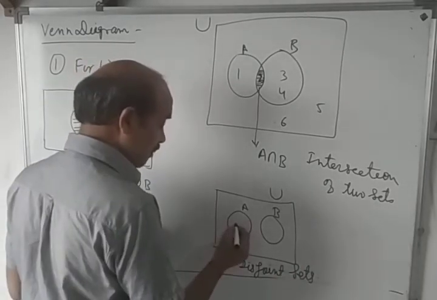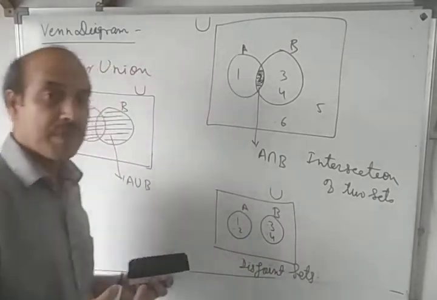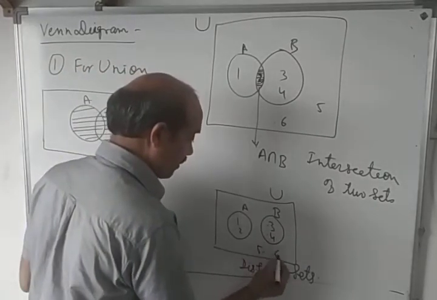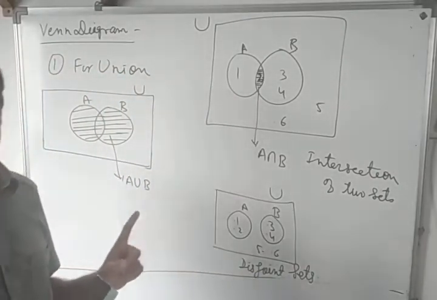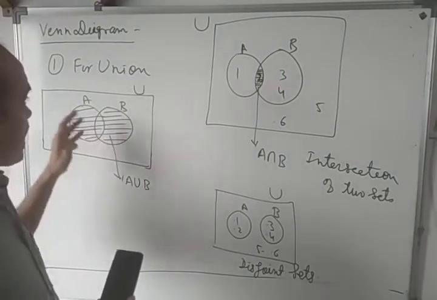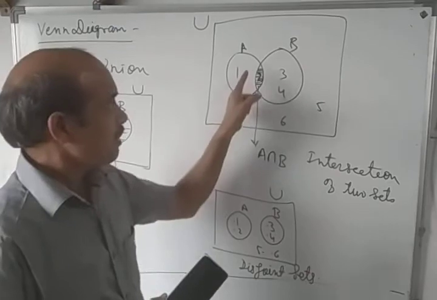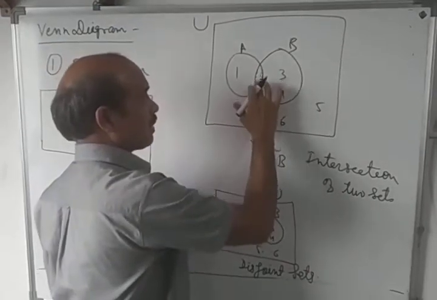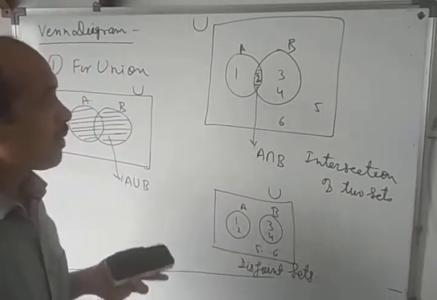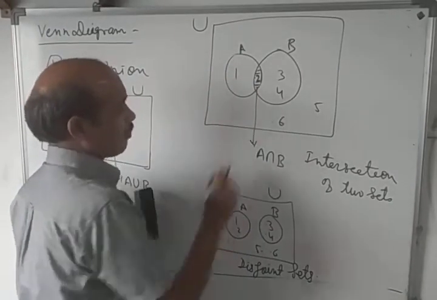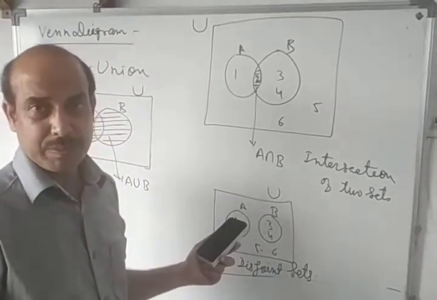You want to put the elements 1 and 2, 3 and 4, some extra elements 5, 6 in universal. So I am showing all three together. Please understand again, union means combining both the sets, intersection means only common element, and disjoint means separate sets.